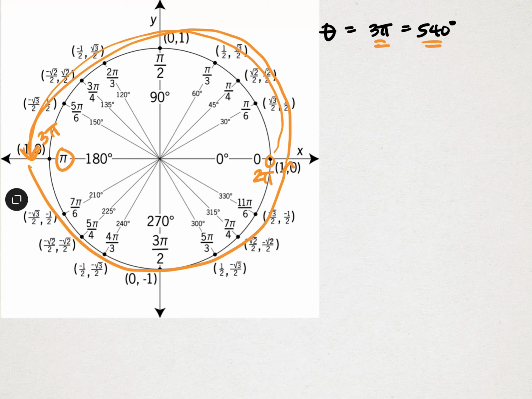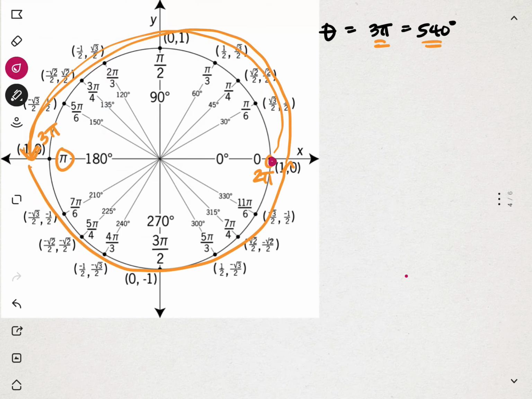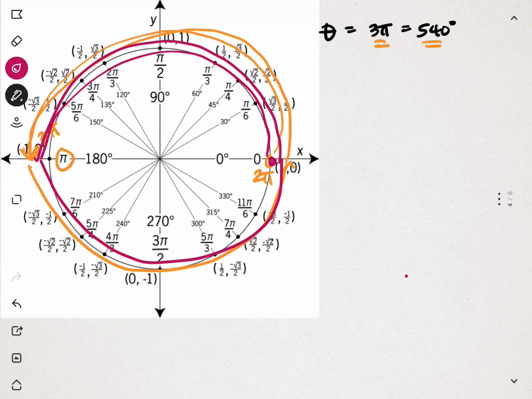Same idea with 540 degrees. We start at 0. 180 degrees is halfway. 360 degrees is all the way around. And then another 180 degrees gets us to 540. So we're in the same position for both of them.